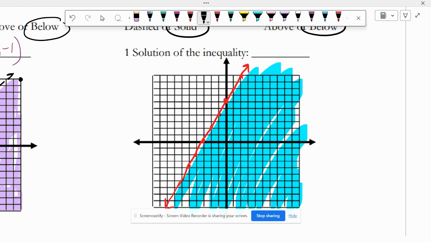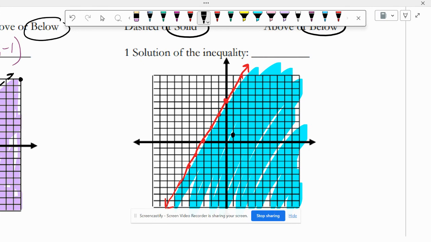Brian, give me one solution that's in that set. Name one solution. One ordered pair in the shaded region. Brian, can you find an ordered pair? Look up on the board. What's any ordered pair in that shaded region? Yep, any ordered pair in the shaded region. 1, 1.